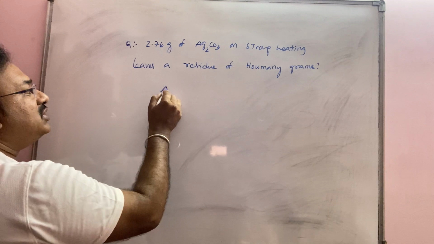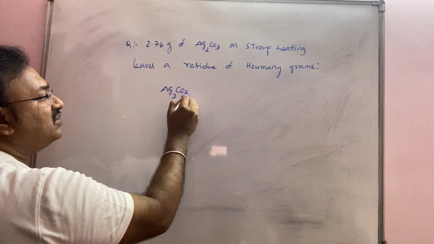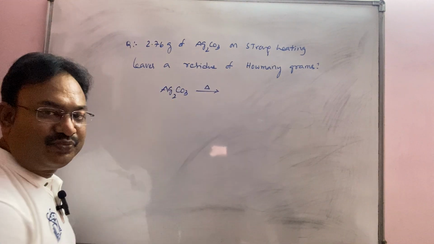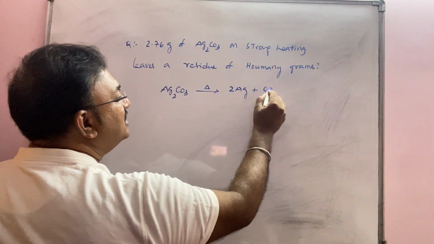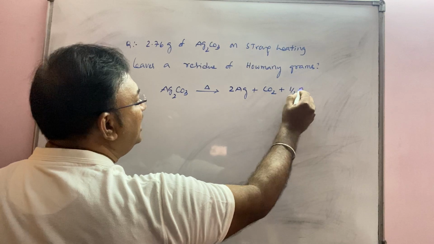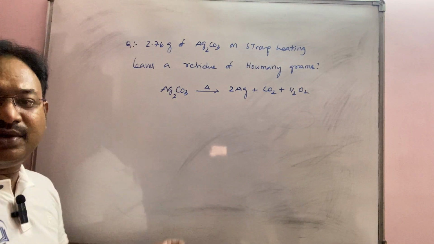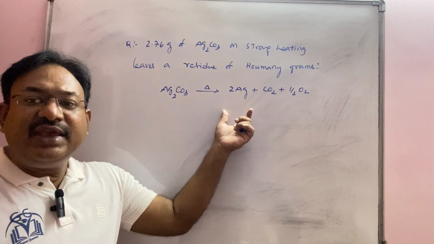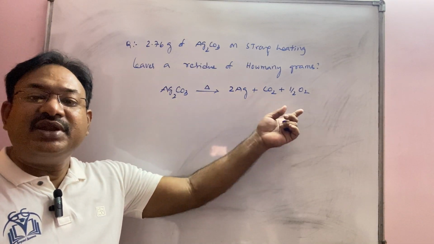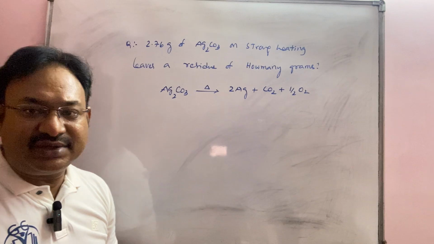So silver carbonate, Ag2CO3, on strong heating leaves a residue of silver. Simultaneously, carbon dioxide and oxygen will be evaporated out. Silver carbonate on strong heating gives silver plus carbon dioxide plus half mole of oxygen.